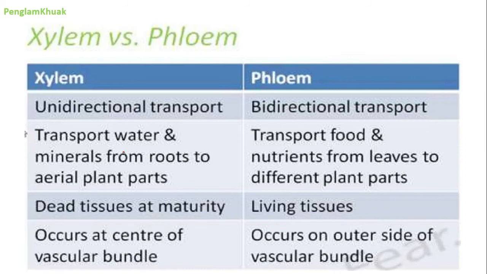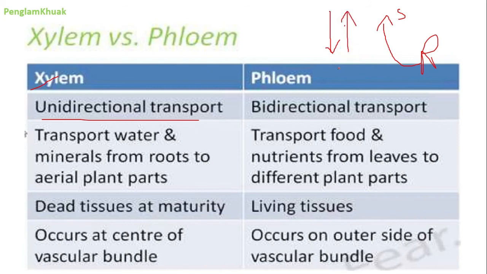Xylem and phloem in a nutshell. Xylem transport is unidirectional, from the roots to different parts of the stem up to the leaf. But phloem can transport downward and even upward because it is bidirectional.